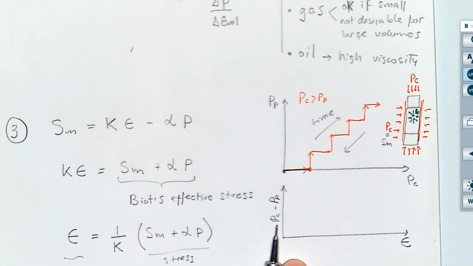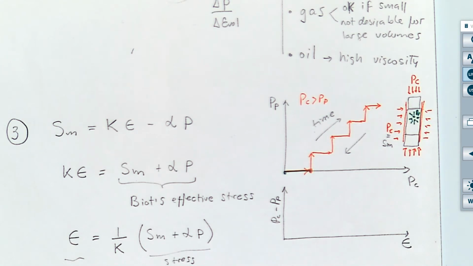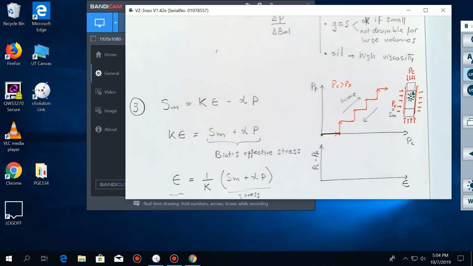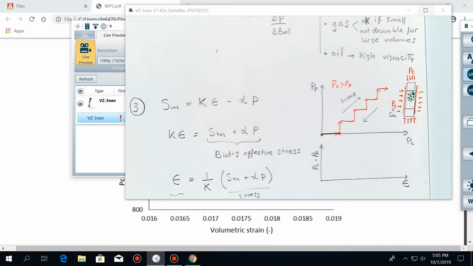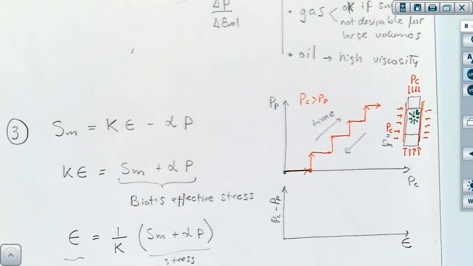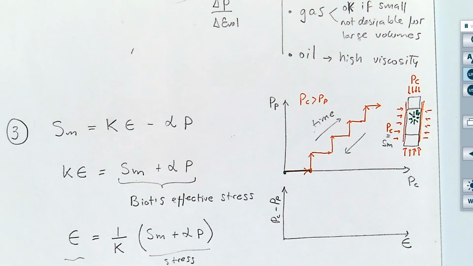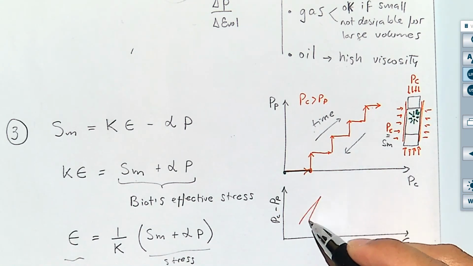So PC minus PP, that's going to be the non-corrected effective stress, or just Terzaghi effective stress. And when you do that, you're going to get something like this.